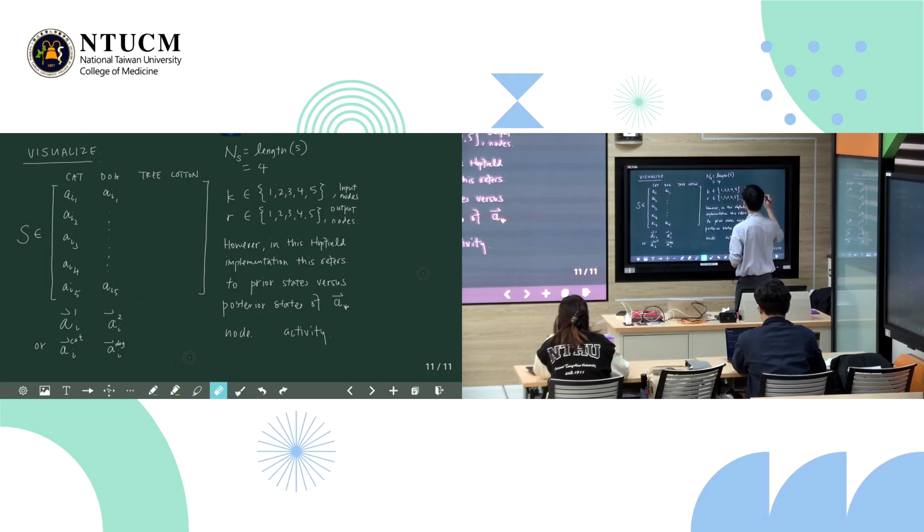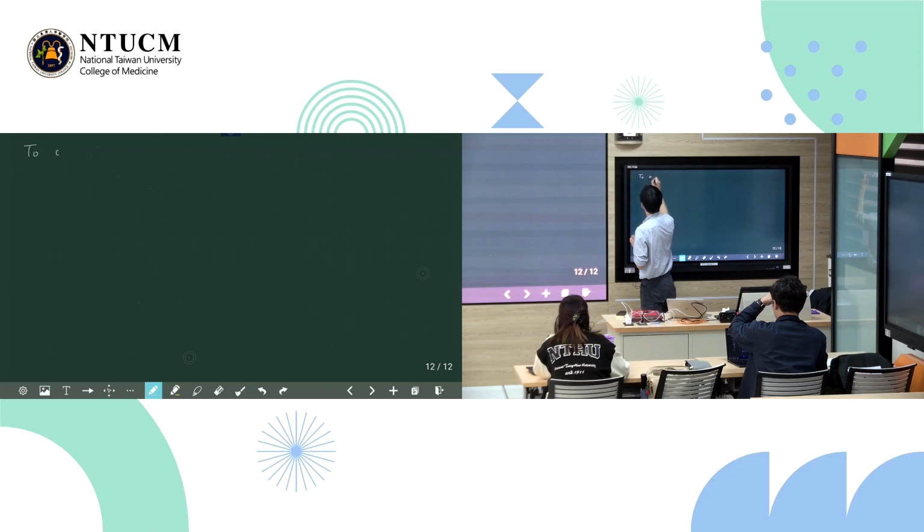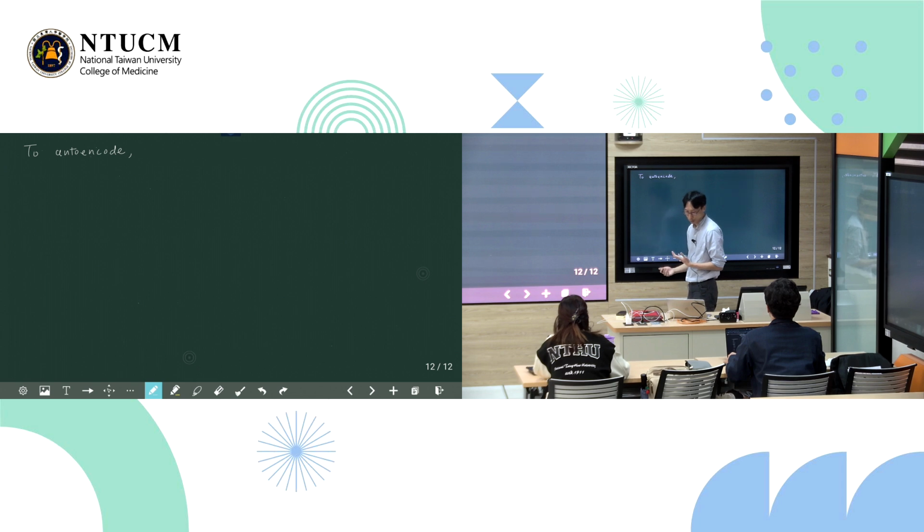We want to auto-encode. I have I space. This will make it even clearer. The mission is to do auto-encoding. This implies that we want to make the posterior state equal to the prior state.